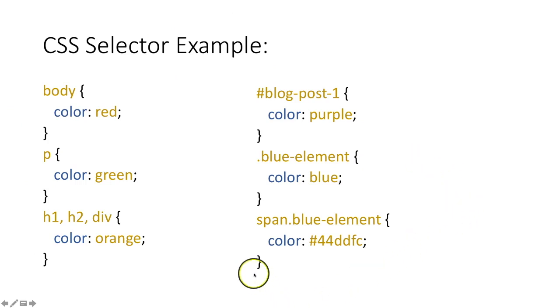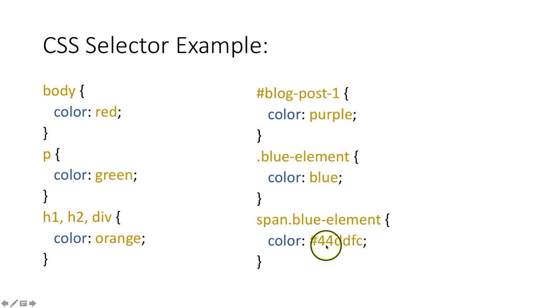And then here is an example of using both a name selector and a class selector together. In this case, all span tags that have the blue element class assigned to them will receive this color.